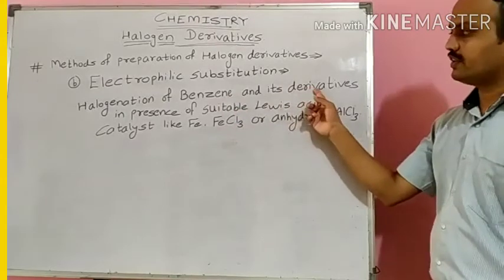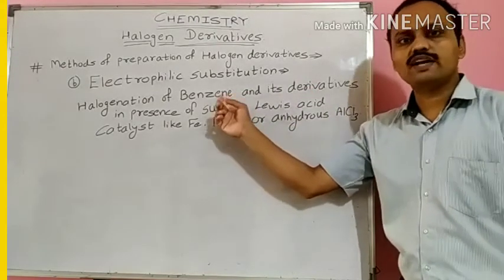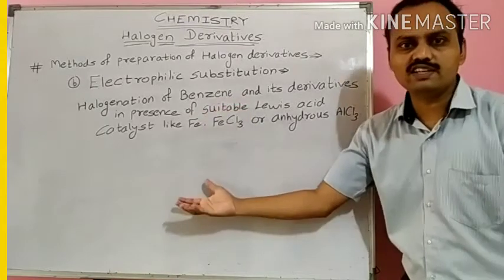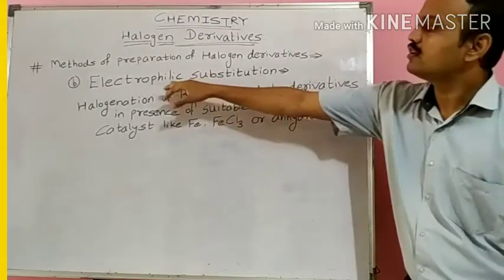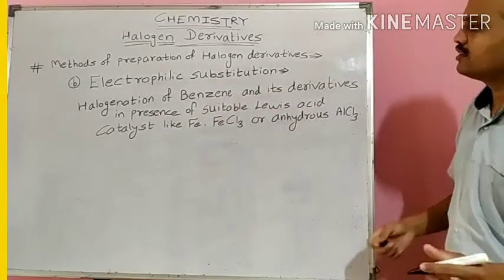Benzene and its derivatives: we can have benzene, toluene, nitrobenzene, aniline, and electrophilic substitution of these compounds can take place.